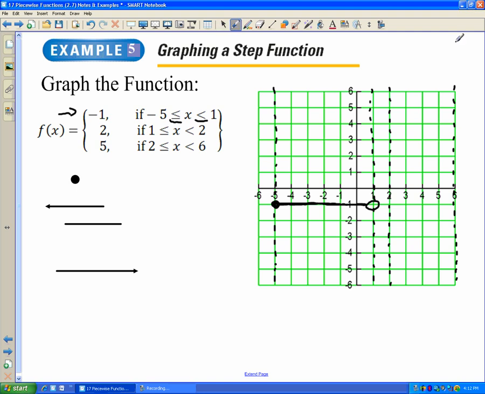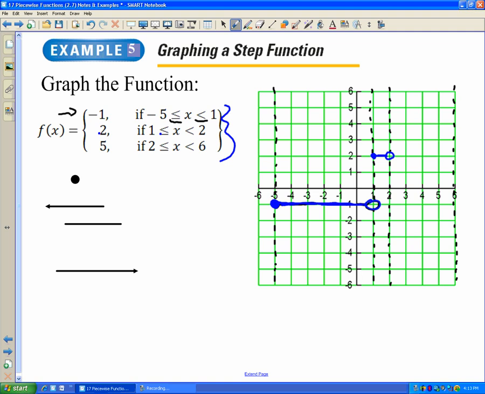I'm going to make that blue so it stands out versus the other lines that I put up. Again, the dashed lines are not part of my graph. It's just to break up my graph over my domain. Second part, between 1 and 2, I want my y to be 2, closed at 1, open at 2.